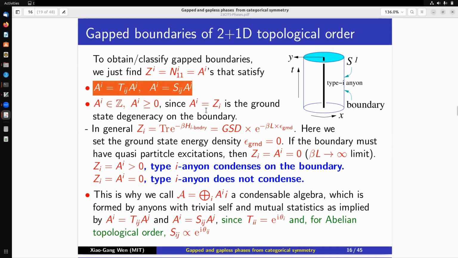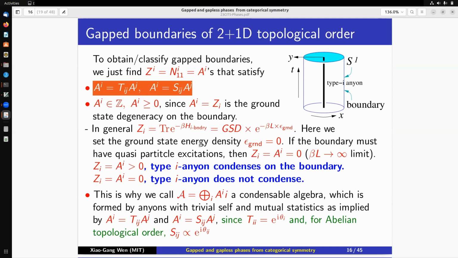Okay, and in the last lecture we explained that if this Z is non-zero, that means there's an anyon condensation on the boundary. Because we create an anyon in the bulk, the anti-anyon must condense on the boundary so that it can be absorbed by the boundary in order for the partition function to be constant.